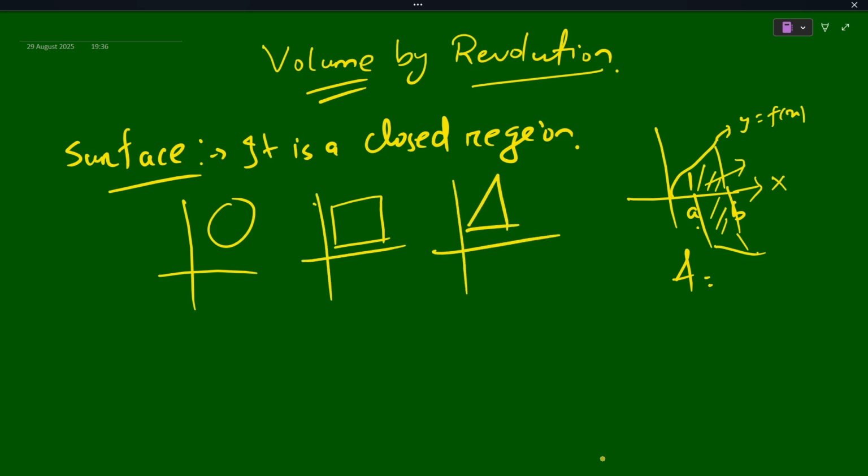Not exactly a square or rectangle, you can take any curve. Suppose I am taking this curve. See this region, and it should be a two-dimensional structure because it has both length and breadth.